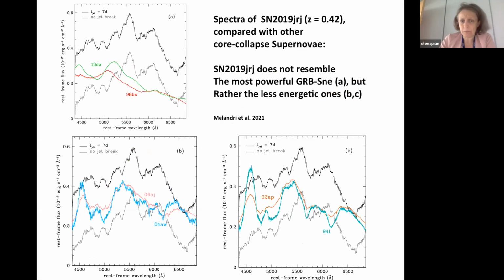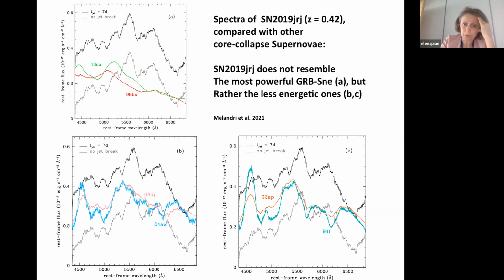You see here in the top panel the spectrum of this object in black and gray. There are two because they are obtained under two different assumptions of the afterglow emission level. If compared with 98bw, definitely you don't see any similarity. While the same two spectra exhibit lines that have similar widths to less extreme core collapse supernovae like 2006aj, 2004aw.